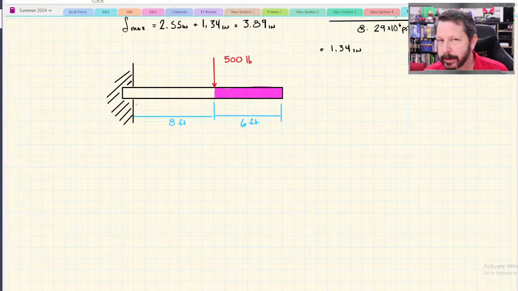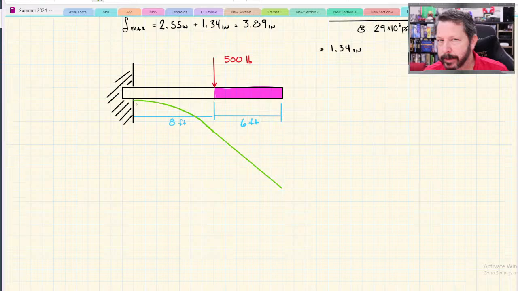It would, and I'm exaggerating, flex, bend, let me make it more curved. Okay, clearly that's curved, like it's bending. But the pink part of the beam would just be a straight line.